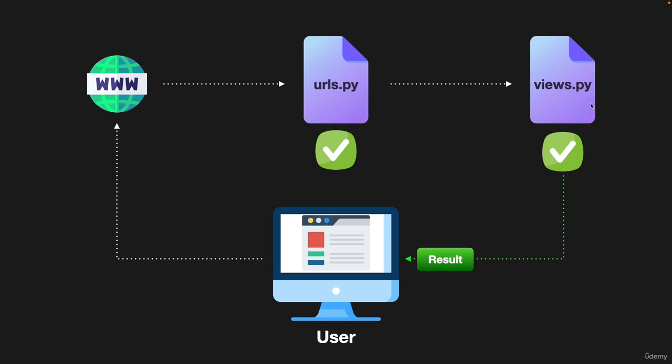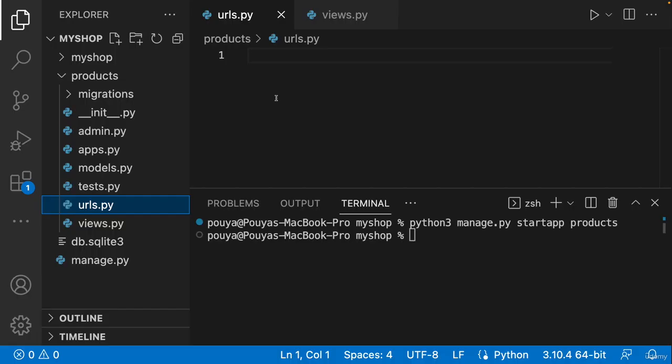Then views.py will look for that information, and when the content is ready, it will send it to our users so our user can see the web page with the content. So in the next lesson, we are going to use these two files to show the content for each web page within a specific URL.